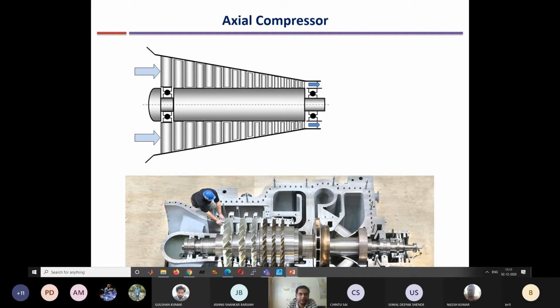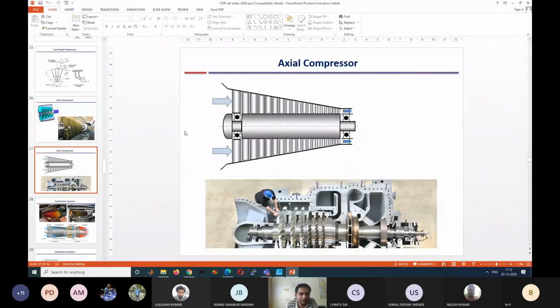Static enthalpy rise means static temperature rise, and from that you can calculate the rise in static pressure. So the rotor increases the static temperature, the static enthalpy, as well as the kinetic energy, and the stator reduces the kinetic energy, using the extra kinetic energy gained, and increases the static enthalpy further. The same thing is repeated again and again for each stage. And the flow pattern is kept similar so that the design is easier for each stage.